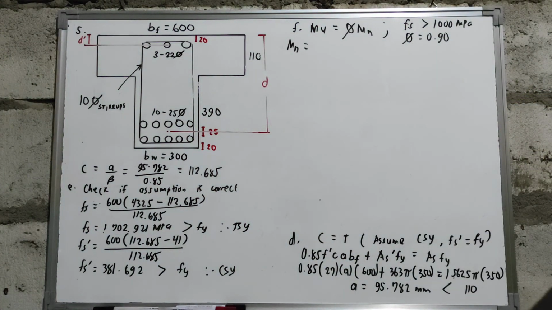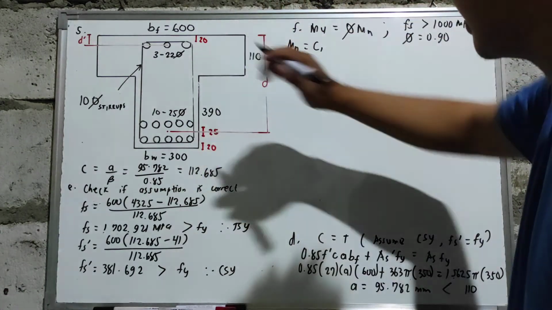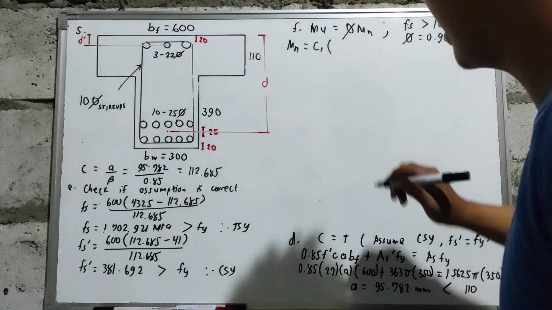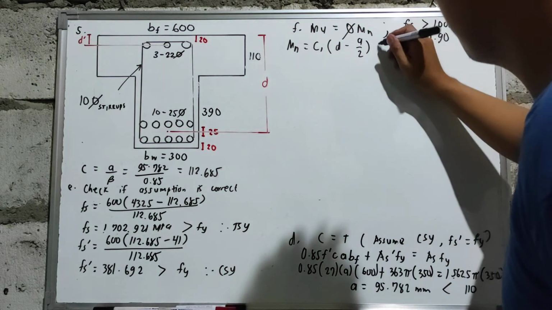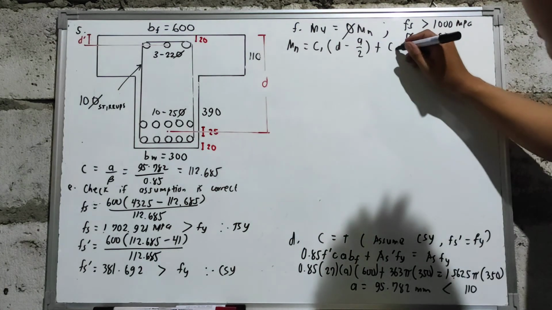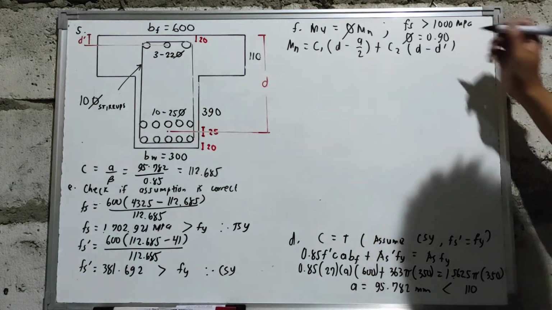For the nominal moment, let us first take the compression area multiplied by the moment arm d minus a over 2, plus the steel multiplied by the moment arm of d minus d'.